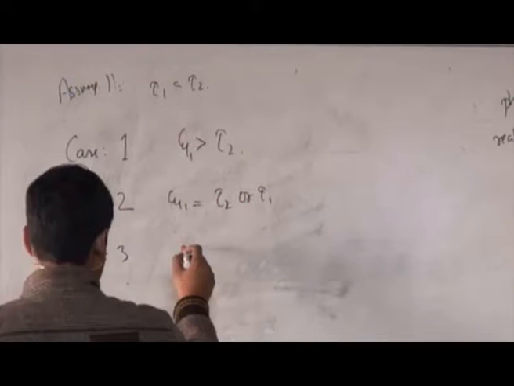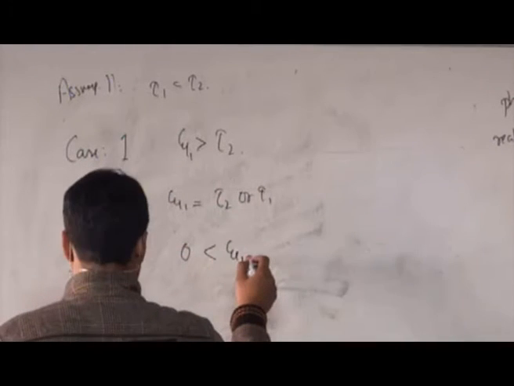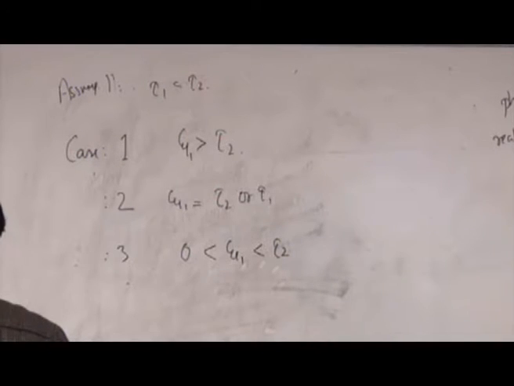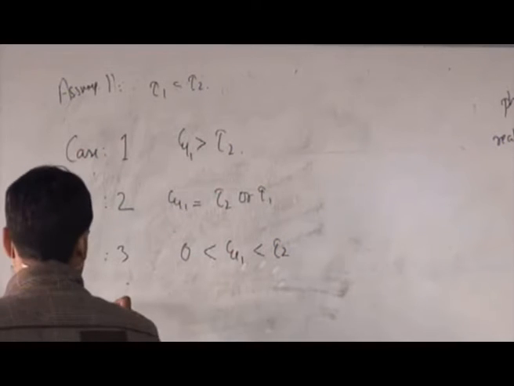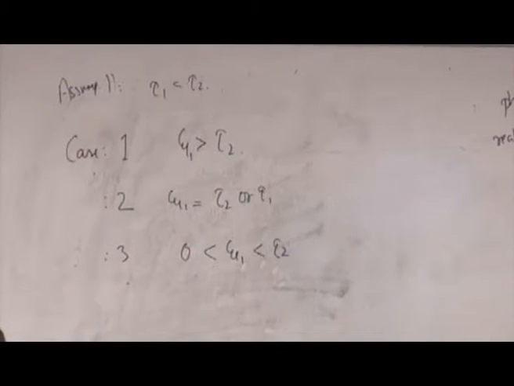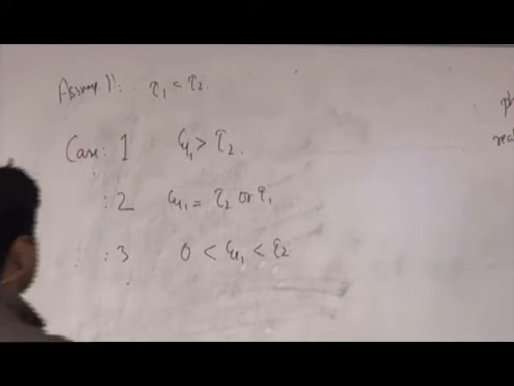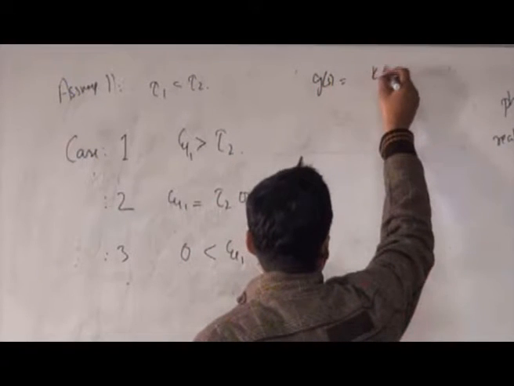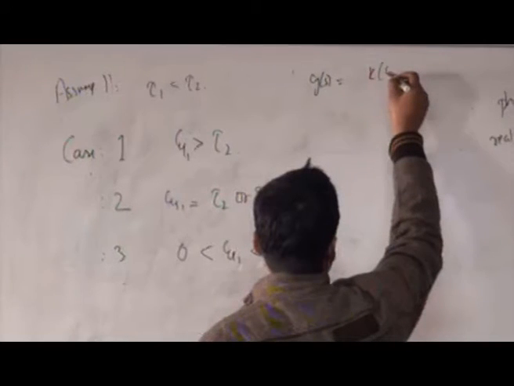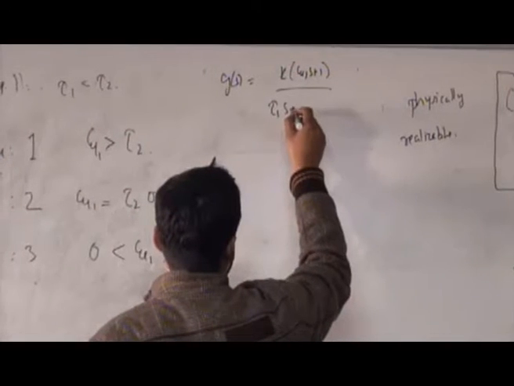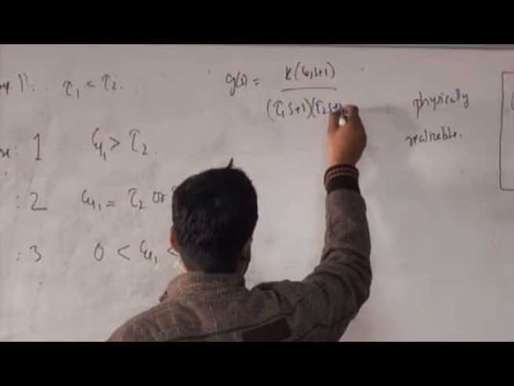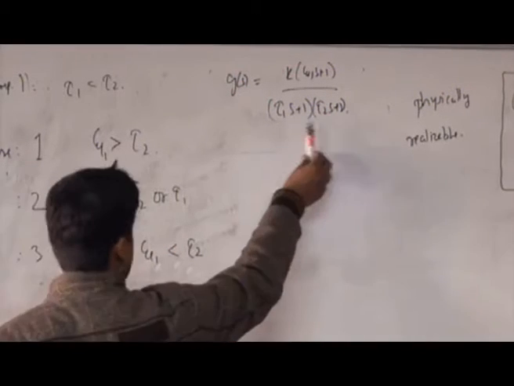Case 3, xi1 is greater than 0 and tau1 greater than xi1. Okay. Let's write the transfer function to see it more clearly. I know that tau1 is less than tau2.